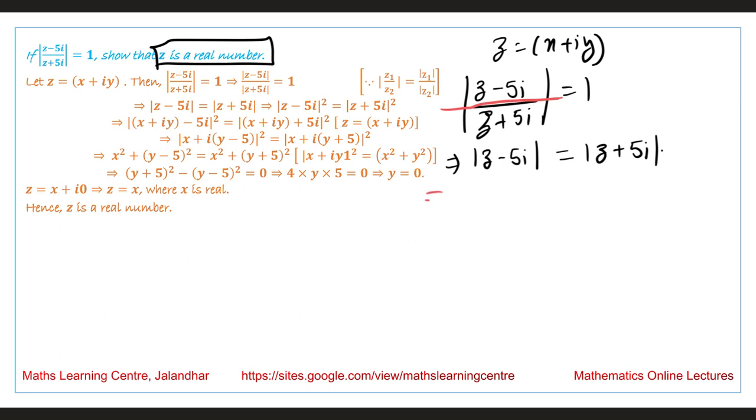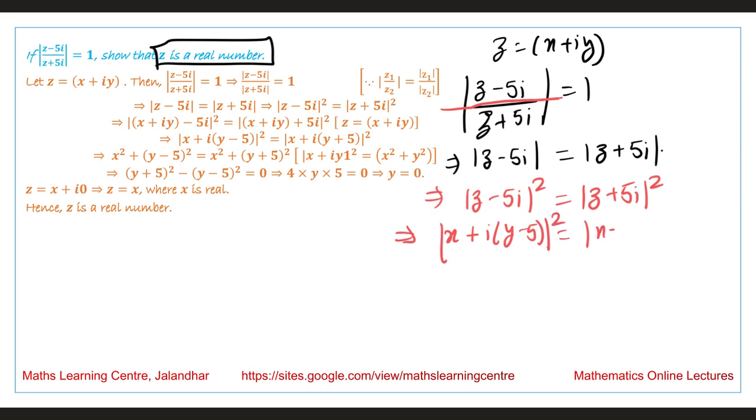Now if we square both these values, we get mod of z minus 5 iota square equal to mod of z plus 5 iota square. So this implies that (x plus iota y minus 5) square is equal to (x plus iota y plus 5) square.